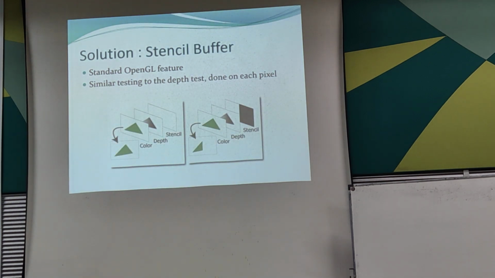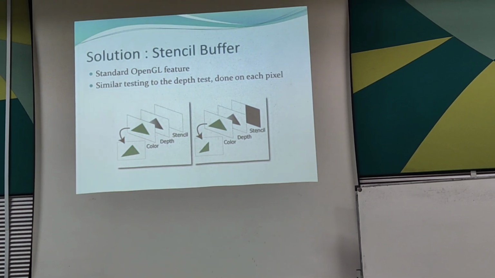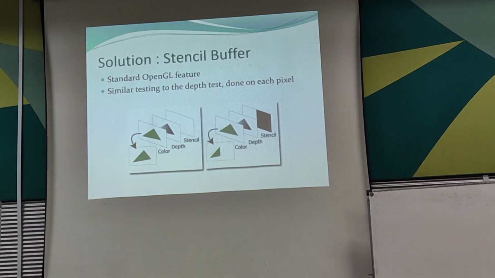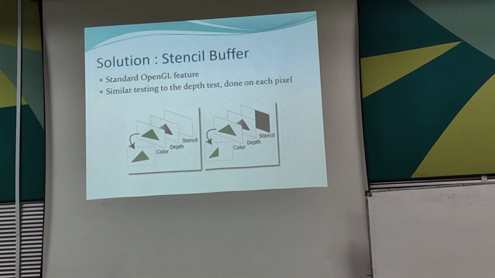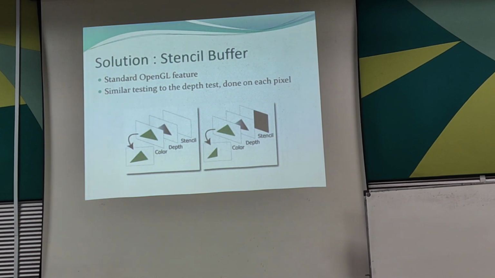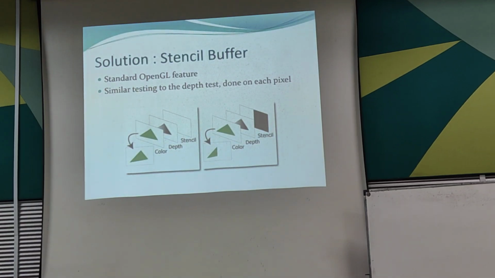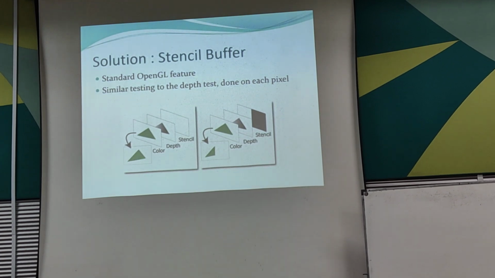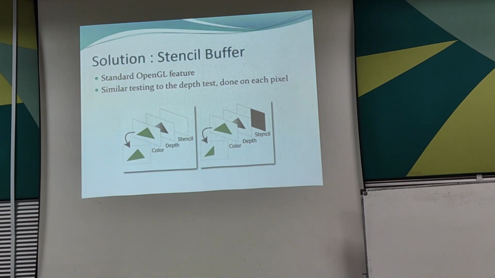As you can see here, there are 3 buffers. We are drawing the triangle, and you can see the green color triangle. Your color buffer will determine what color your triangle is, inside the polygon, and what color the background is outside.